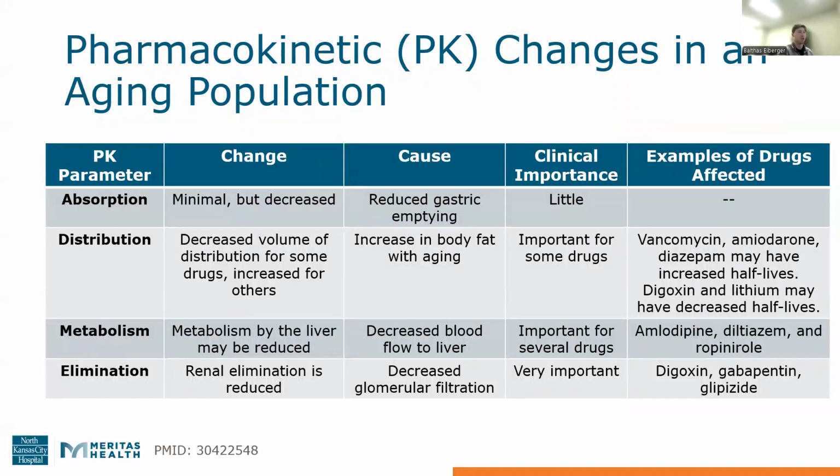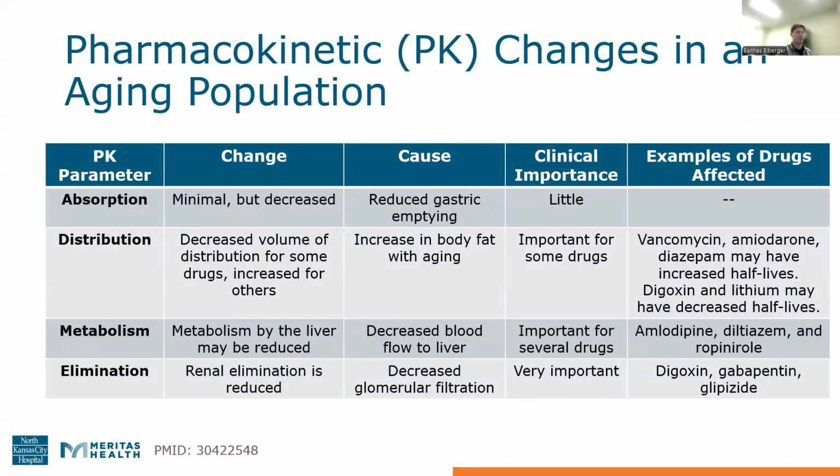Pharmacokinetic, or PK, changes are especially important in an aging population. This table's a little bit busy, but we'll work through it. I have the PK parameters listed on the left-hand side. They're bolded, so we'll just start with absorption. Really, as you get older, there are minimal changes that occur to absorption, so we're not going to spend too much time on this one.